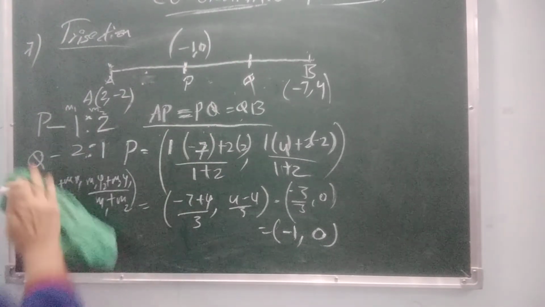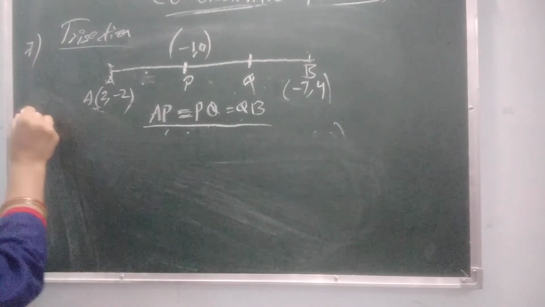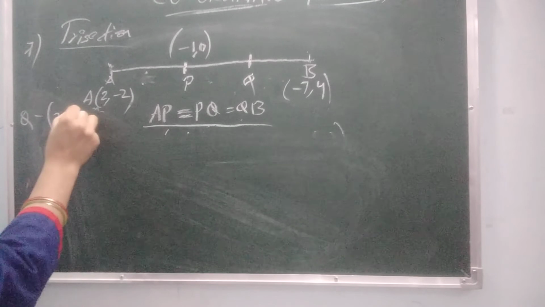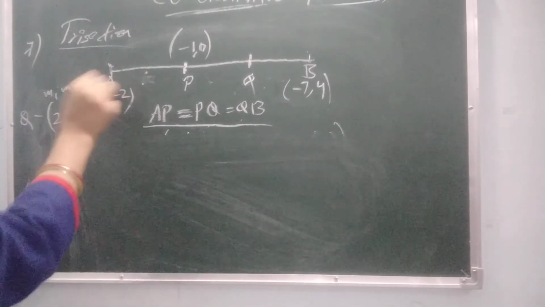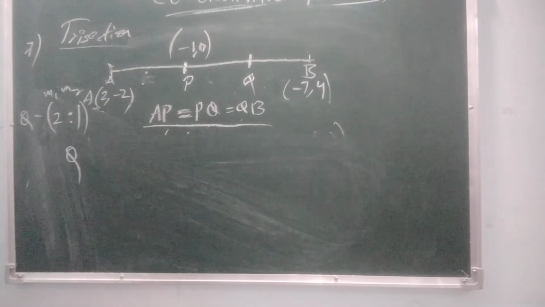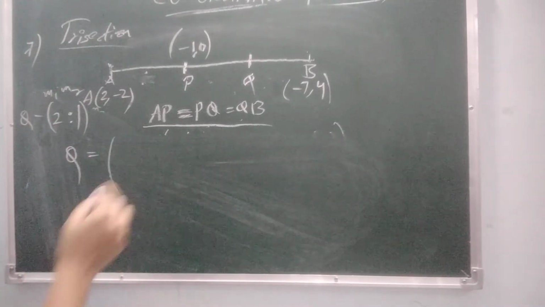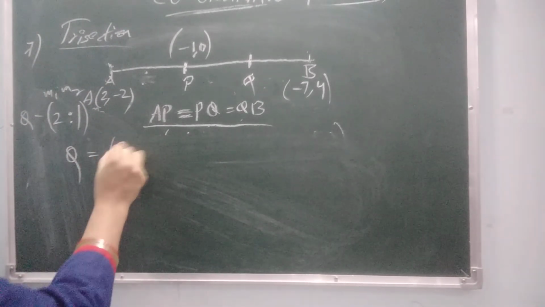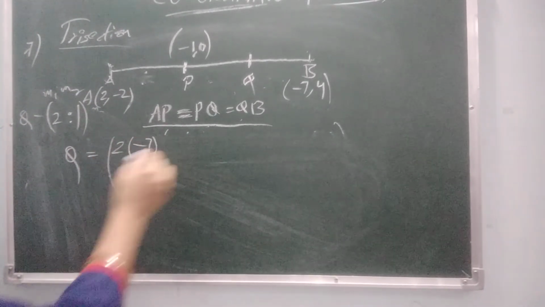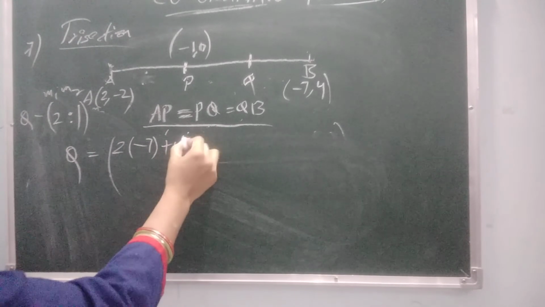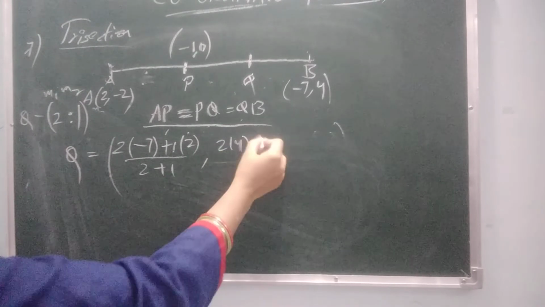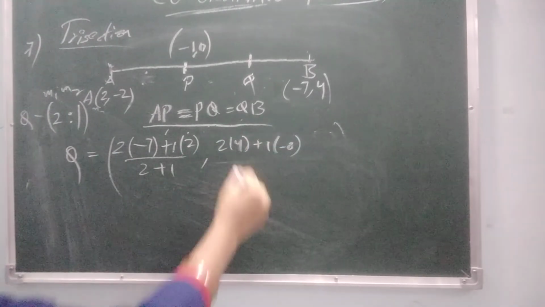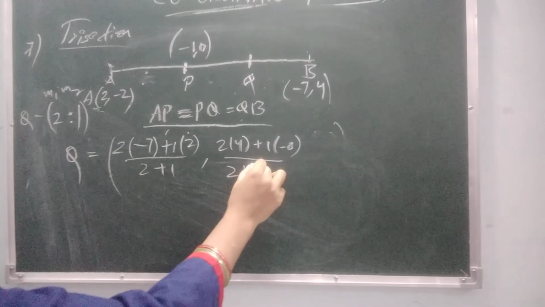Okay, next the coordinates of Q. Q divides the ratio 2:1. That means m1 and m2. We have to find the coordinates of Q. That means put here m1, x1, m1 x2 and m2 x2. m1 x2 plus m2 x1 by m1 plus m2 comma m1 y2 plus m2 y1 by m1 plus m2.